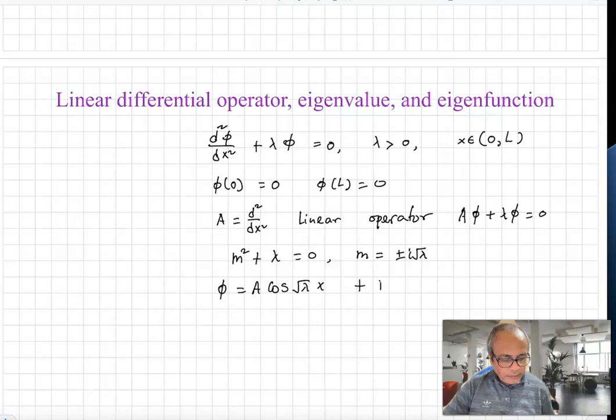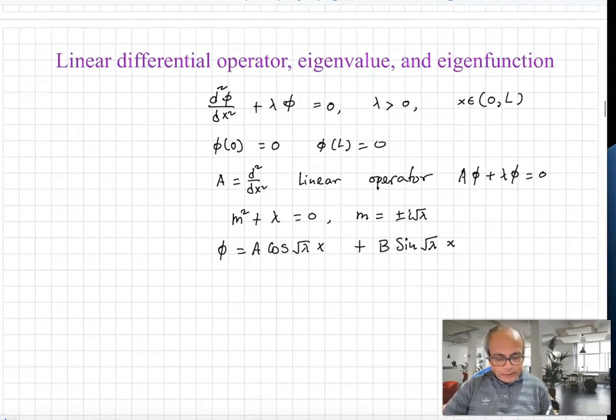So phi is a cos square root of lambda x, plus b sine square root of lambda x. Okay, and using the boundary condition, you set phi of 0 equal to 0. Set x equals 0: cos 0 is 1, plus sine 0 is 0.